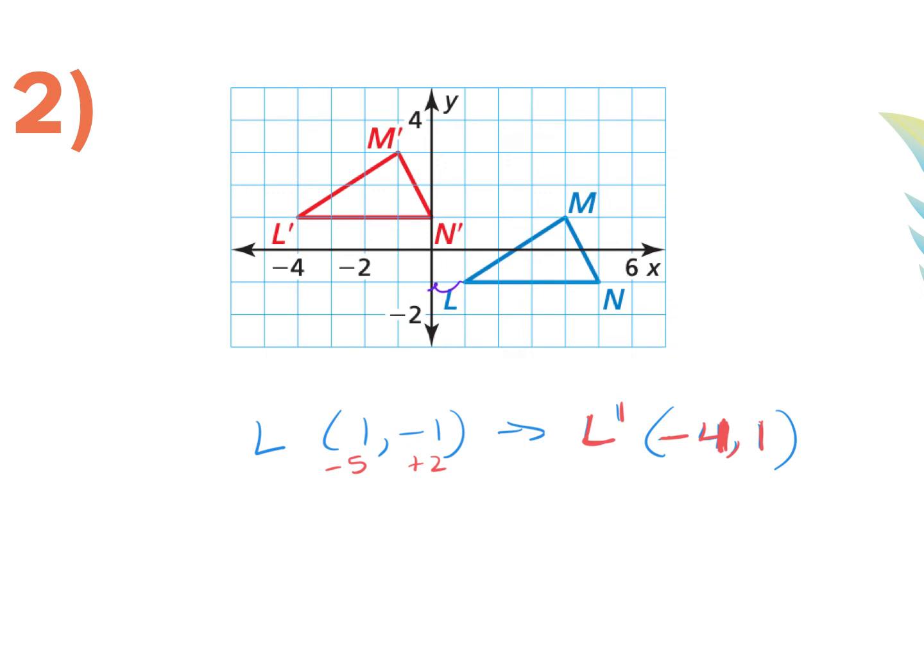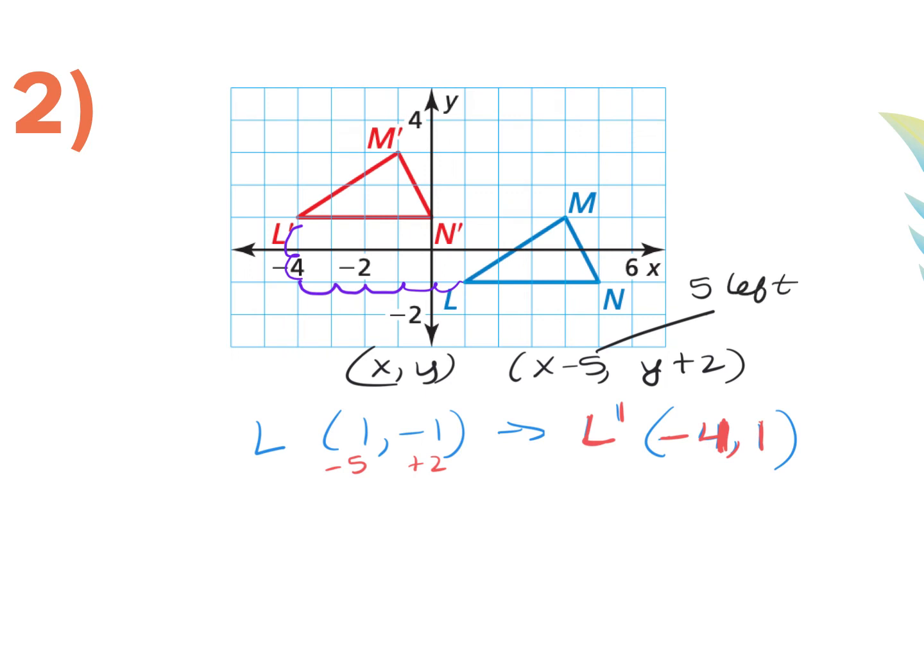So to go 1, 2, 3, 4, 5, since we're moving to the left to get to the new L, that's why it's subtract 5. And then they moved 1, 2 up, and that's why it's add 2. So my rule here is take X, subtract 5, take Y, add 2. So again, the -5 is going to be 5 to the left, and the +2 means up 2.